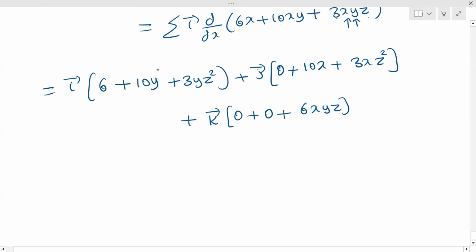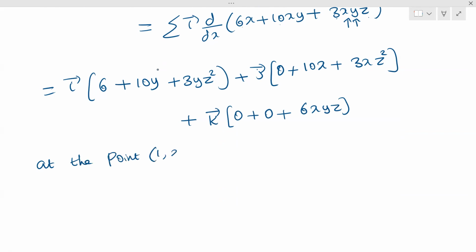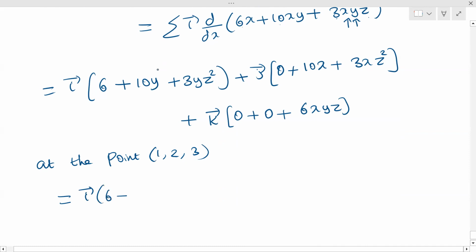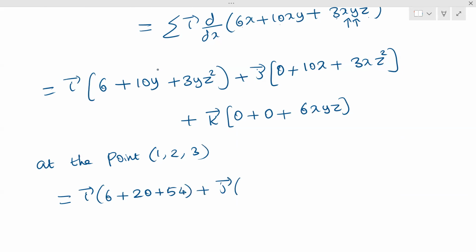Next, we have to find it at the point 1, 2, 3. Substitute x is 1, y is 2, z is 3. So what will you get? i vector into 6 plus 20 plus 54, plus j vector into 20 plus 10 plus 27... plus k vector into 36.